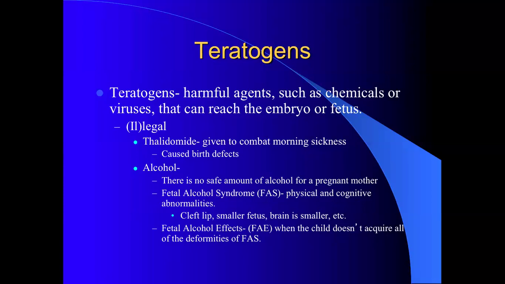And based on the amount of alcohol you drink, you have two different situations that could occur. So if you're a heavy drinker, you could develop something called fetal alcohol syndrome, which affects both the physical and cognitive components of who you are. So physical components might be a cleft lip or palate.